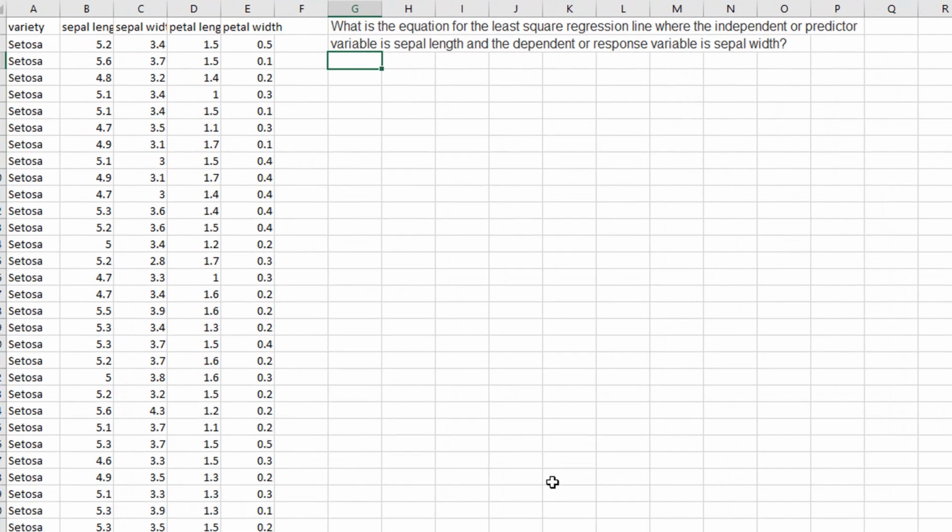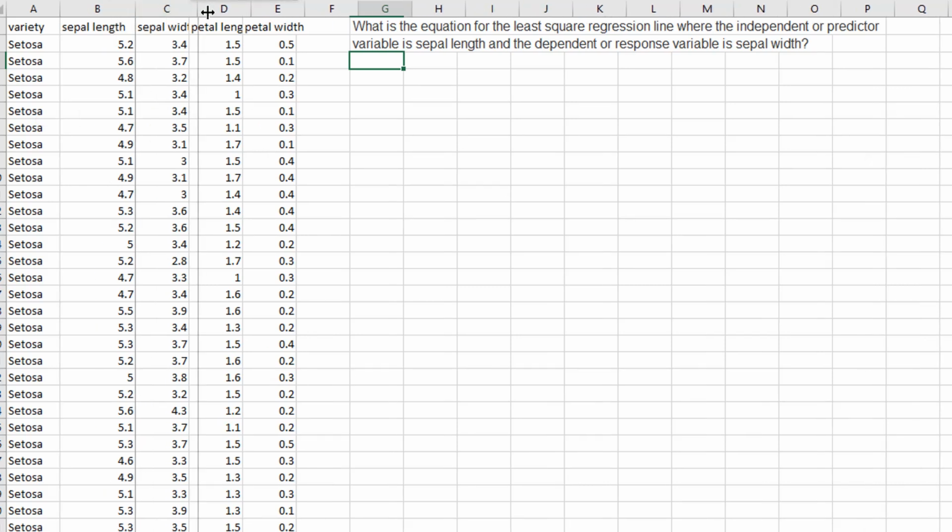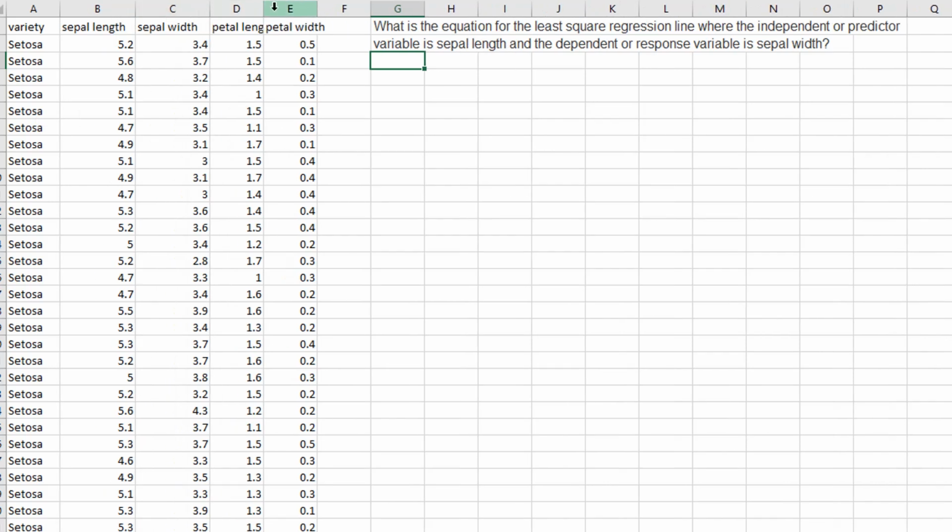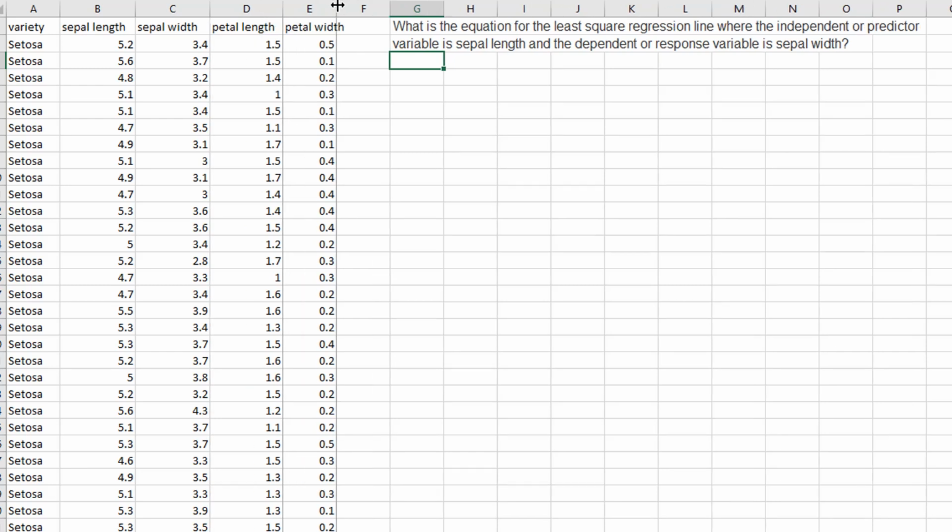So let's look at this question. We have here some simulated iris flower measurements, simulated similar to the famous Fisher data set. Let's open this a little bit. For all of these different flowers, we're measuring the sepal length, the sepal width, the petal length, and the petal width.